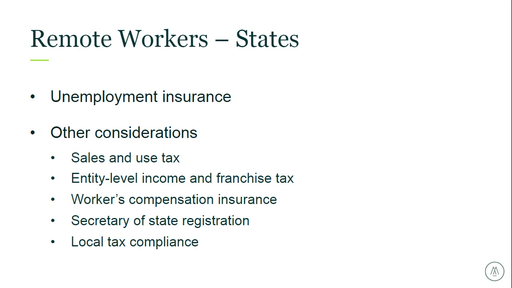So now you need to look at whether there is a requirement to potentially, as part of your unrelated business income, be subject to that state's income or franchise tax. There are also workers' compensation insurance considerations. Secretary of State registration, again, you've created nexus, so you could be considered a foreign business, foreign meaning from another state, that's now doing business in that state. So you may need to register as a foreign business with that state, with the Secretary of State.